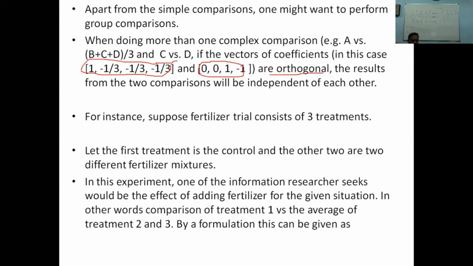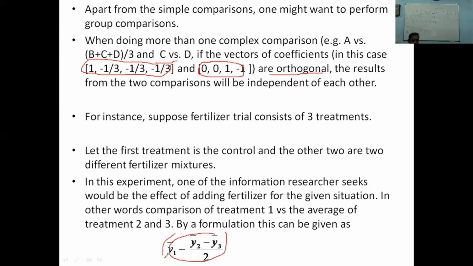In other words, comparison of treatment 1 versus the average of treatment 2 and 3. So 1 has no fertilizer, 2 and 3 have different mixtures of fertilizer. So we want to compare 1 versus 2 and 3.